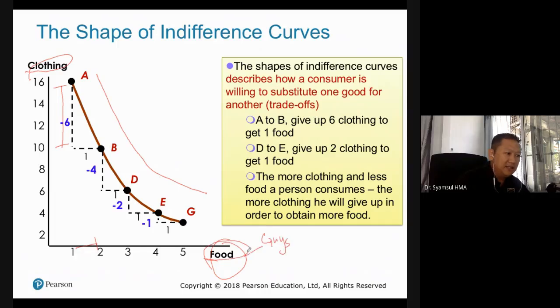Guys are more concerned about food than clothing. As you go along, you have more clothes, so you are willing to give away fewer clothes. See the 6, 4, 2, 1? That's why the curve looks like this.